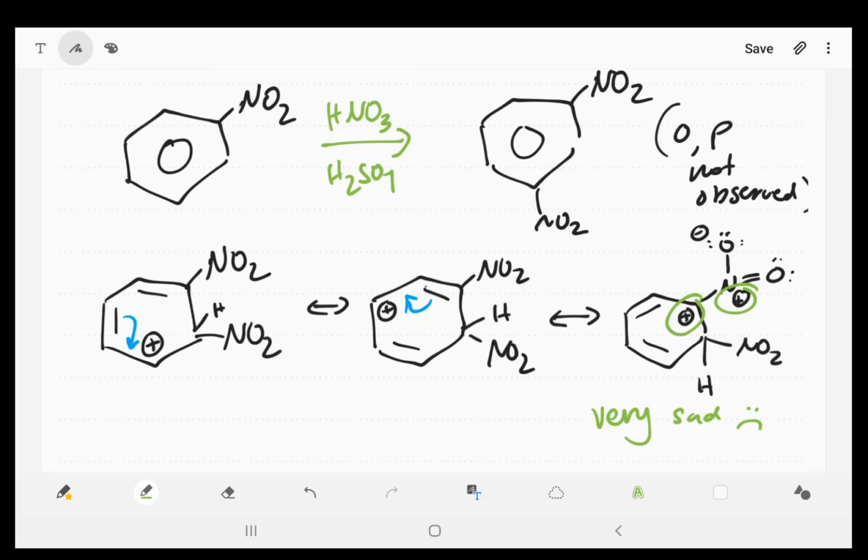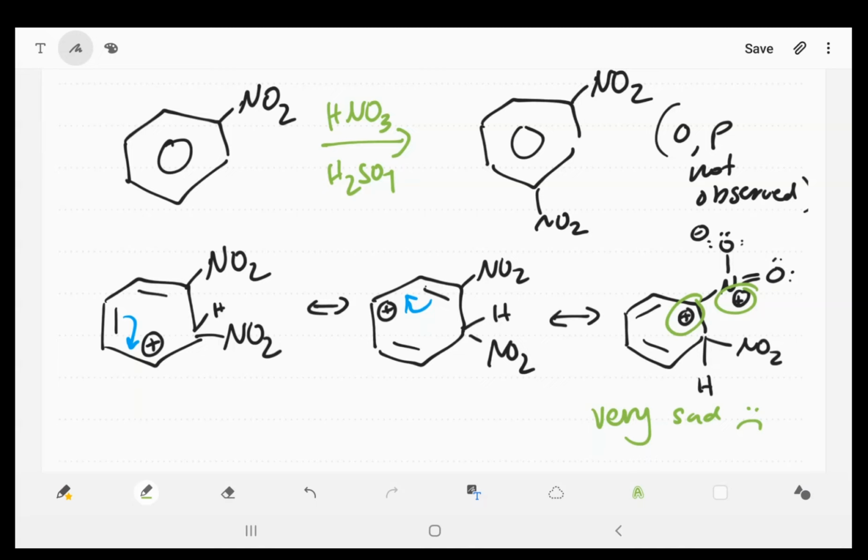So we saw that with some of the activating groups, we actually had stabilized our resonance, or we had made a negative charge somewhere that we can just attack with and keep things neutral, or have our positive charge on an oxygen or something without having an incomplete octet anywhere. This is the opposite case.